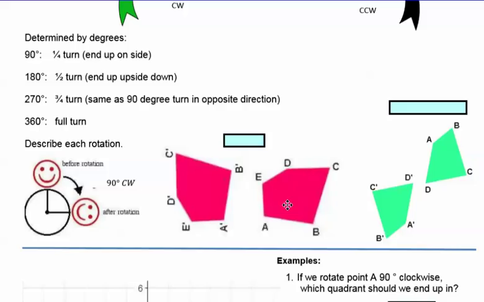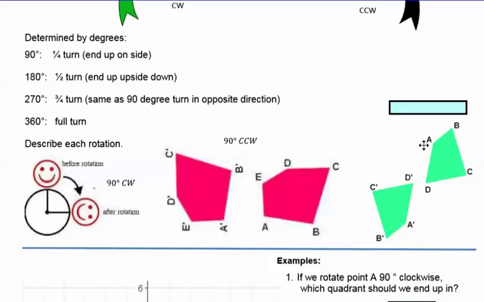This whole thing is turning to the left, and it only did a quarter turn, so it's 90 degrees, and we turned it to the left, so counterclockwise, 90 degrees. We could have also said 270 clockwise, but usually I try to stick with the 90 degree ones. However, if it were multiple choice and you didn't see that, our other option would be 270 clockwise.